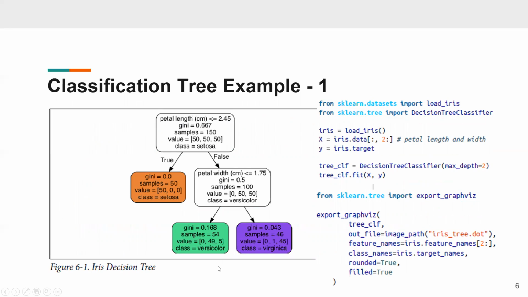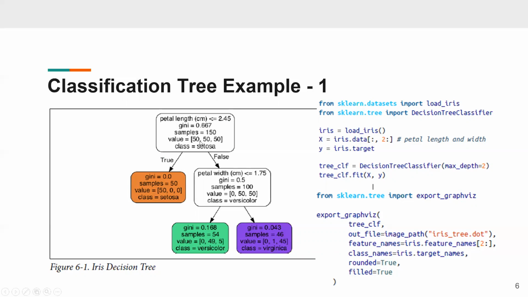Now, if you think about this node, what it means is, starting from the top, petal length larger than 2.45 and petal width less than 1.75 will result in this node, right? Pay attention, I mentioned petal length and petal width. That's something called interaction. If you recall, we mentioned that decision trees have a good aspect, that is, they can deal with interaction.